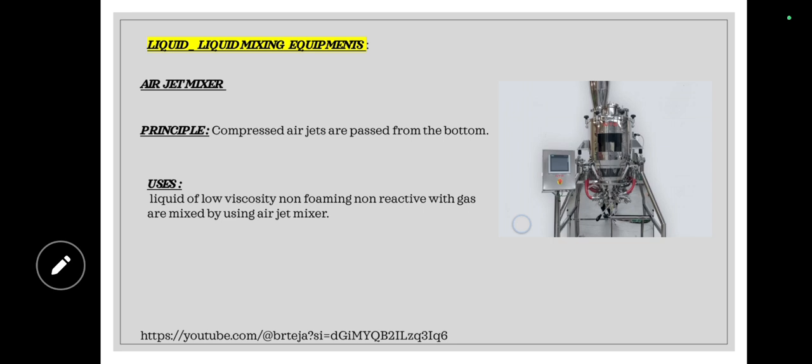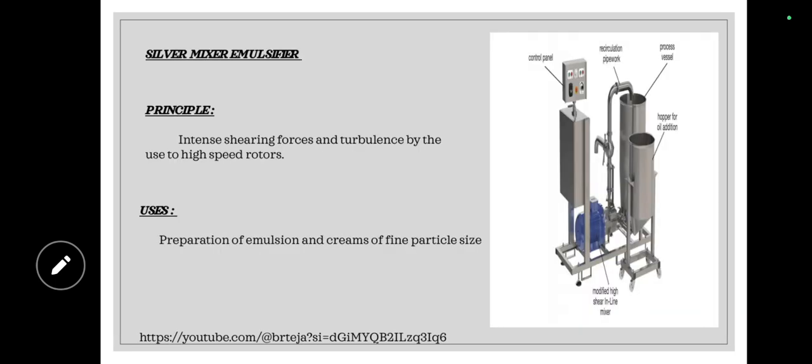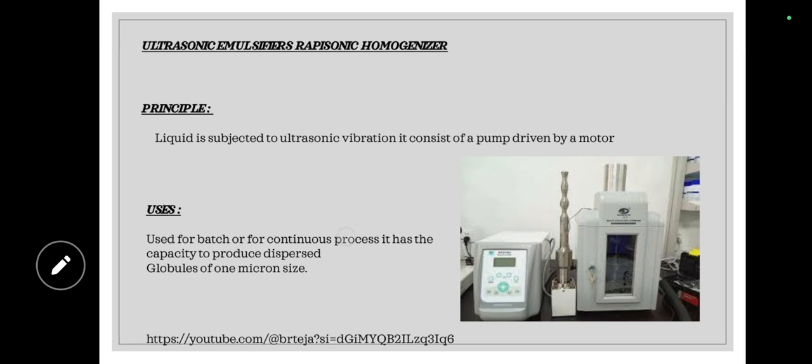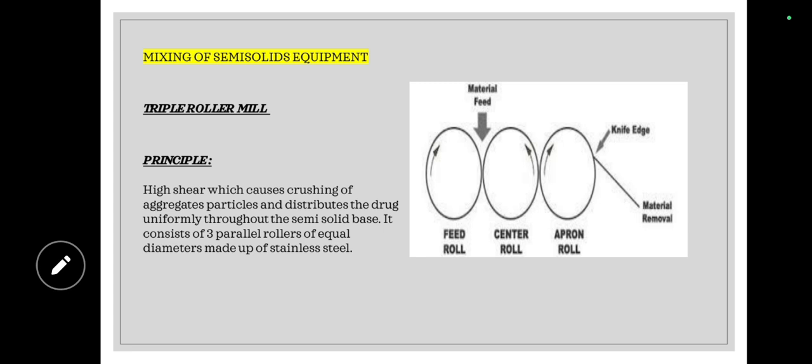Next one, liquid to liquid mixing equipments: air jet mixer, silverson mixer emulsifier, ultrasonic emulsifiers and radiosonic homogenizer. See the next one, mixing of semi solids equipment, the triple roller mill. This is all mixing, an intermediate stage in the preparation of several dosage forms, and all these instruments are helpful in the pharmaceutical industry.